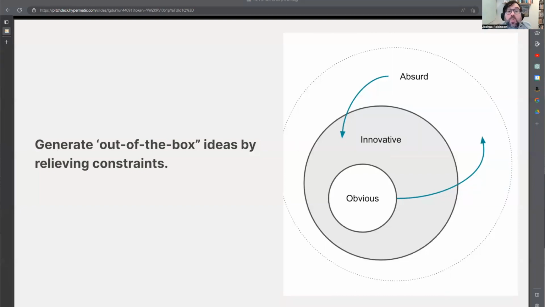Most people are only starting with the obvious, okay? You'll have an advantage if every now and then you have some fun. Be absurd, get rid of the constraints. The constraints will always come back. We all know this, right? Constraints will come back. But at least you have explored the outer wilds.